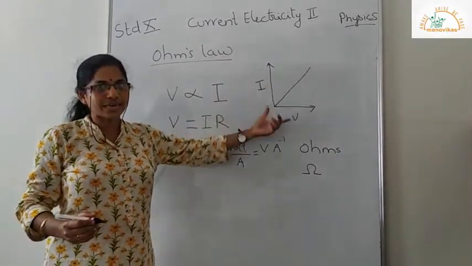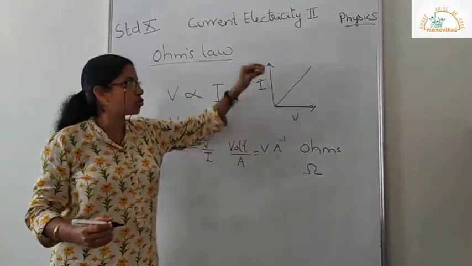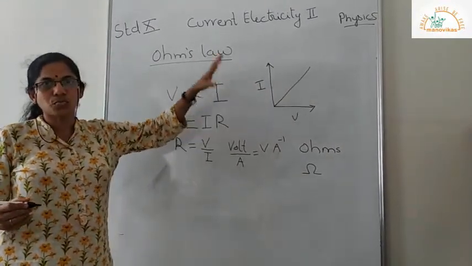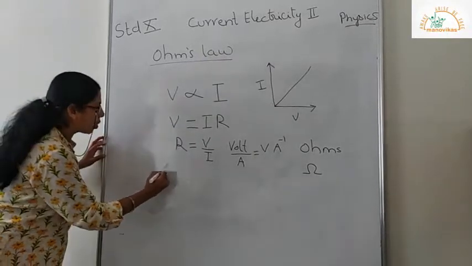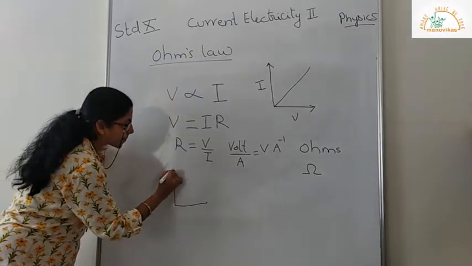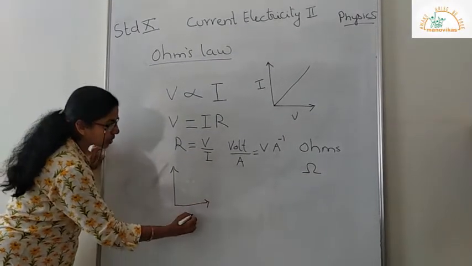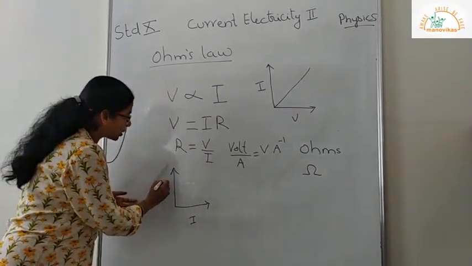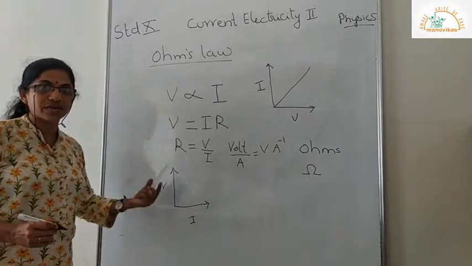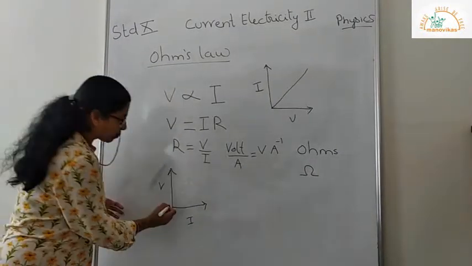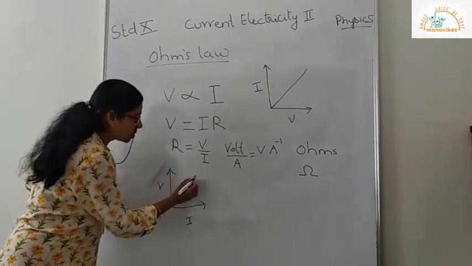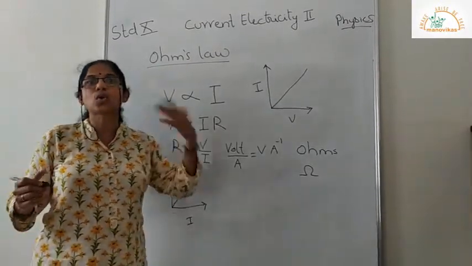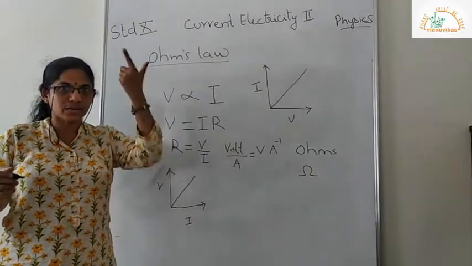You can find the slope using this graph. But if the resistors are non-ohmic, you don't get a straight line, instead you get a curve.